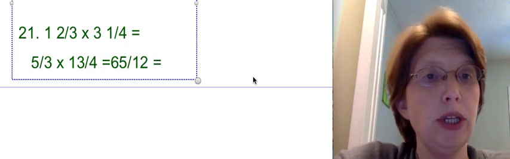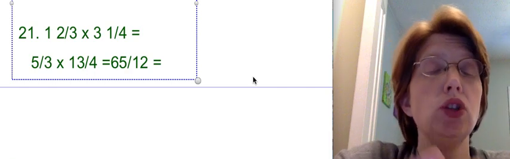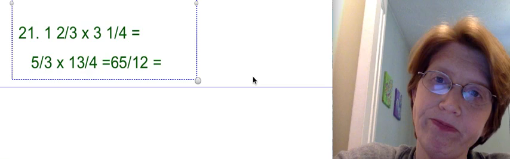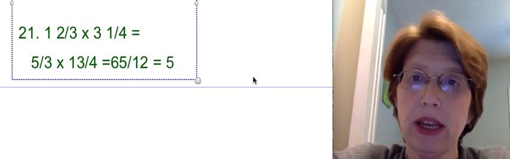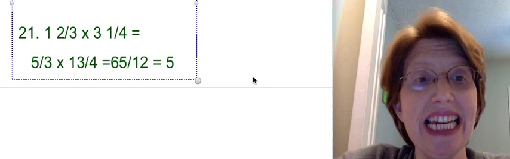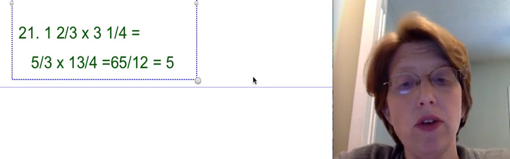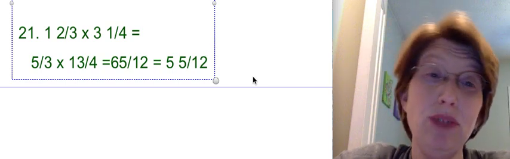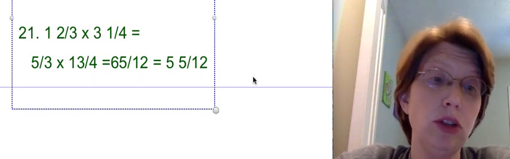So now let's put it back into mixed numbers. 12 goes into 65. 5 times, because 12 times 5 is 60. So what's my remainder? 5/12.